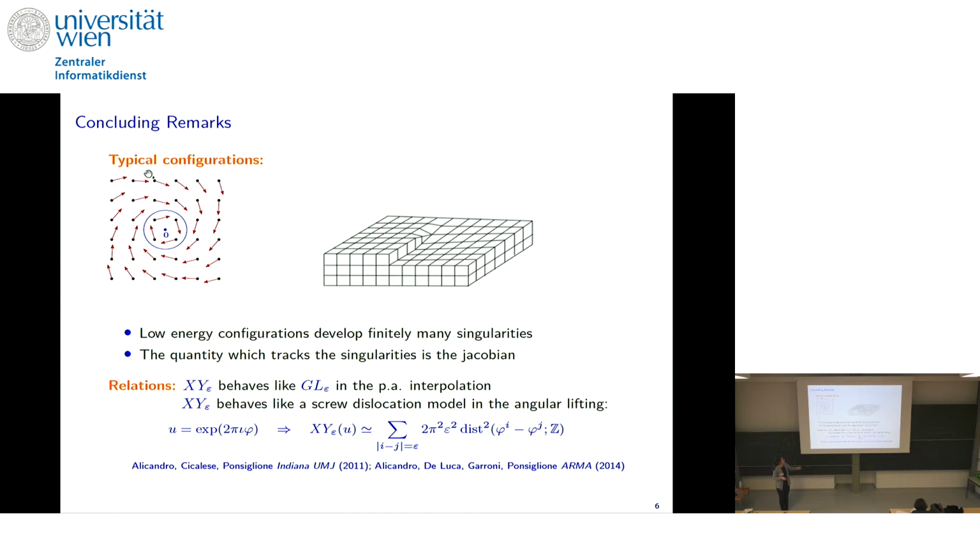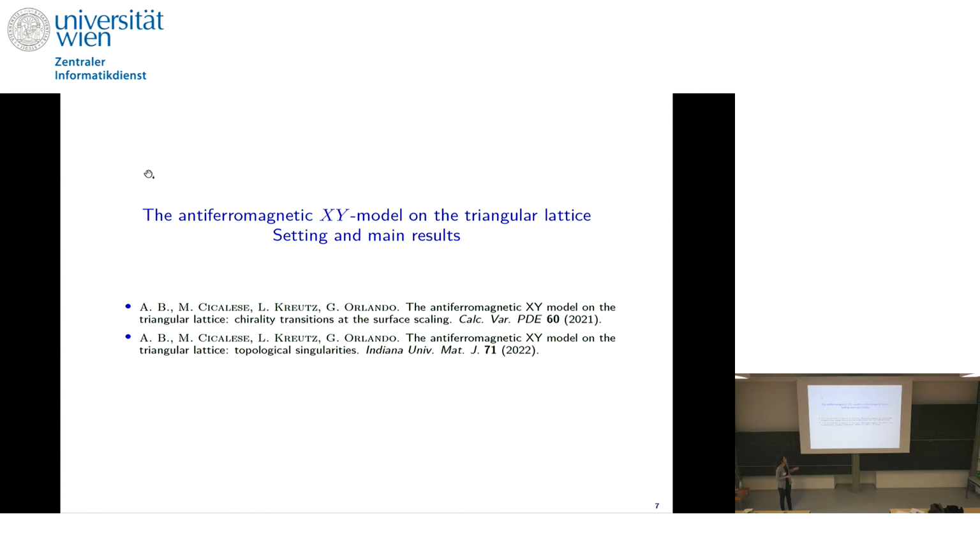Then your phi can be seen as an anti-plane displacement, and the fact that you allow for integer shifts tells you that you can have screw dislocations here. So meaning you have an extra line of atoms coming in here.